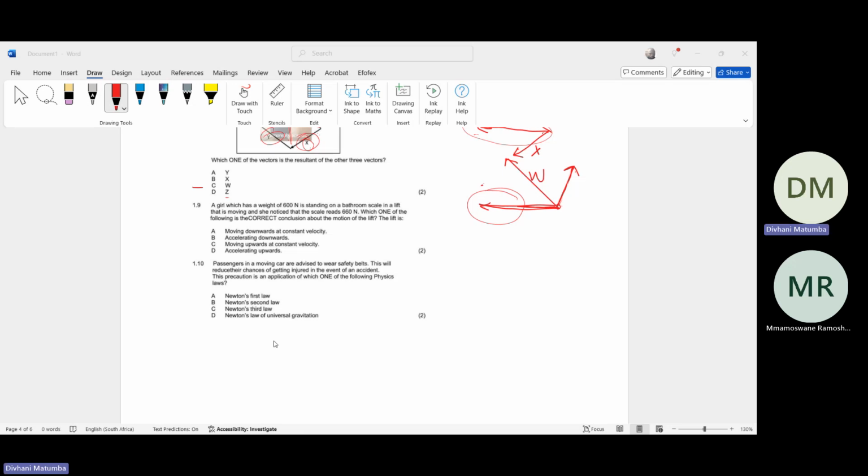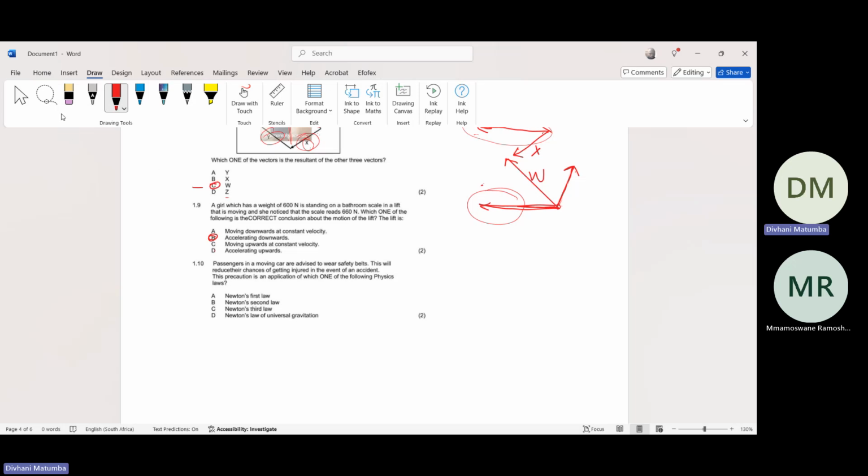B, I think it's B. You're saying the lift is moving downwards.